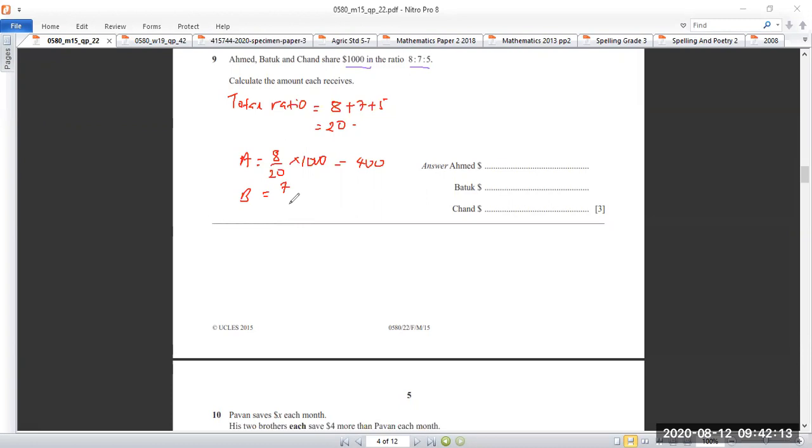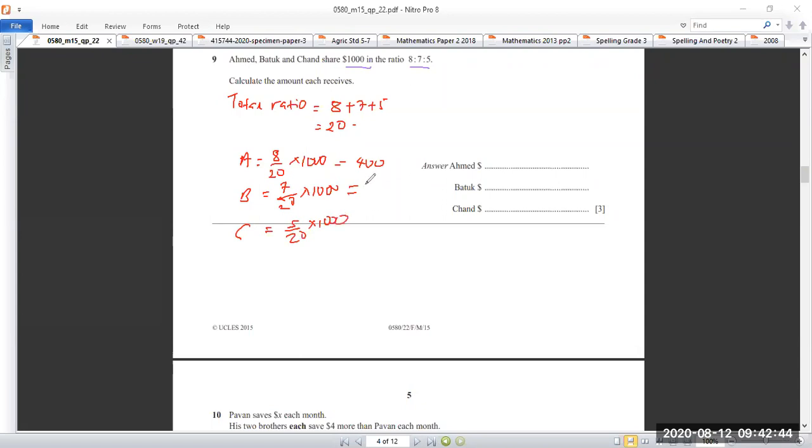Wait, say it's 400. No, it's 400. Out of 1,000. So here we have 7 out of 20 times 1,000, which gives you 350. And then Chad will be 5 out of 20 times 1,000.